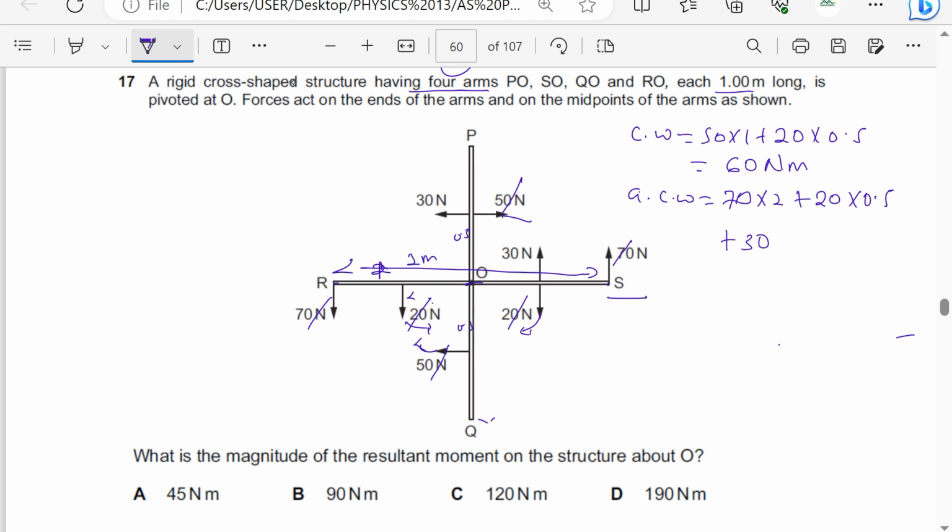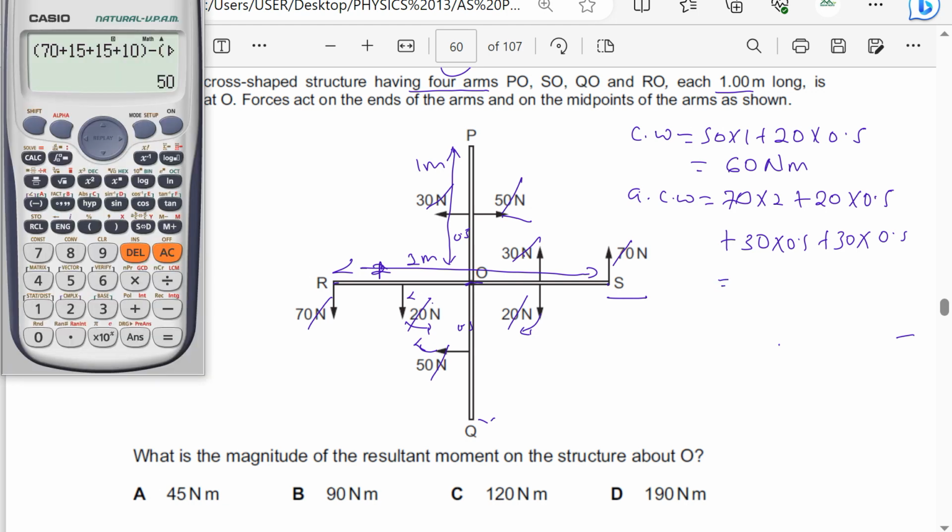30 times perpendicular distance, which is 0.5, plus another 30 times 0.5. So half is 0.5, the length from one end to the other end is 1 meter. Okay, let's press the calculator here. 70 times 2 is 140, plus 10 for 20 times 0.5, plus 15 plus 15.